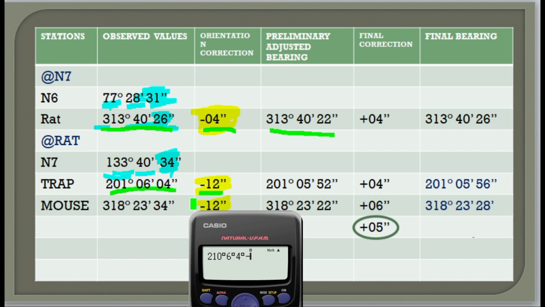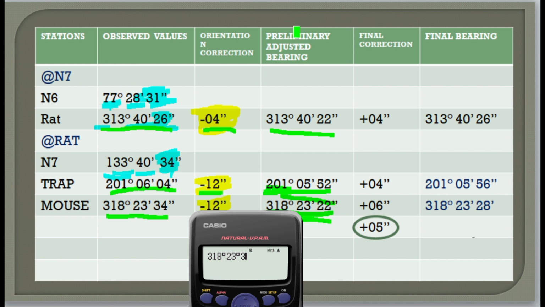We add the orientation correction of negative 12 seconds, and we get our preliminary adjusted bearings. So we get both that of the mouse and that of the trap. So this is the data that we are in great need of.